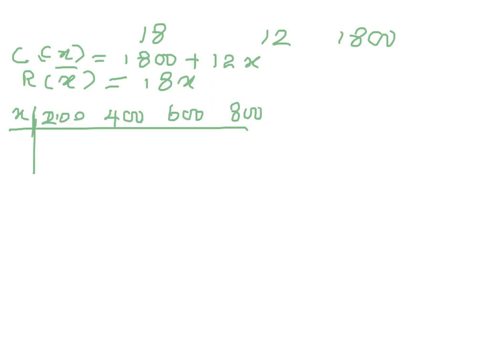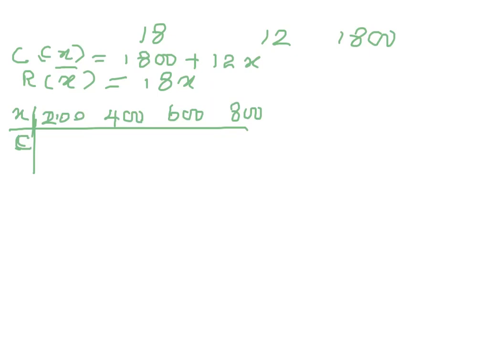When I find the coordinate points for the cost function, each value we consider as x. When x equals 200, we substitute into the cost function.